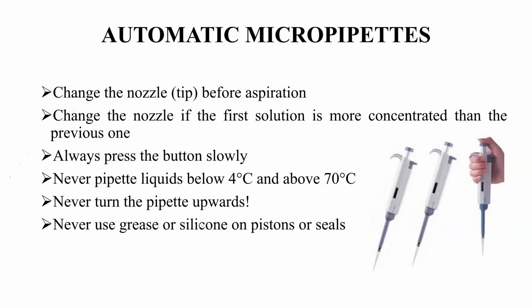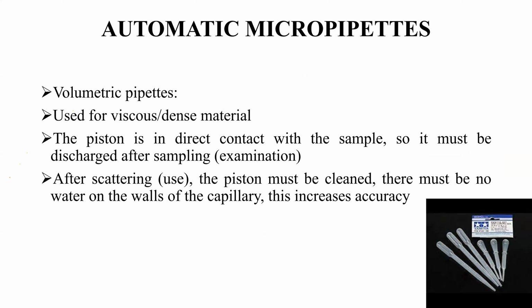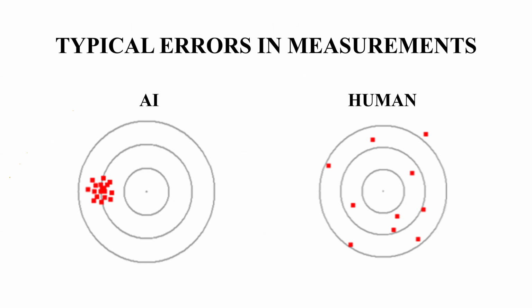And always, if we use automatic micropipettes, press the button very slowly. We also have simpler volumetric pipettes, used for more aggressive or viscous dense material, and these pipettes keep the more valuable automatic micropipettes safe.